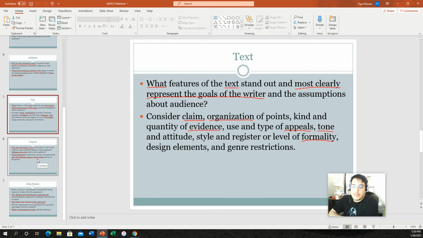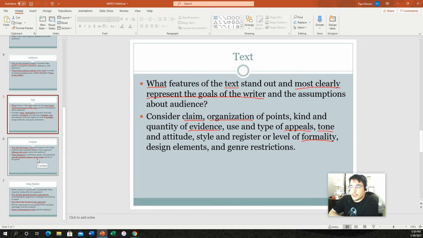Did they make it clear what their goals are, what they're hoping to accomplish? Is their claim obvious? Is their argument well organized? Or does it seem like they're trying to conceal certain evidence that might be contrary to the goals they're trying to get across?